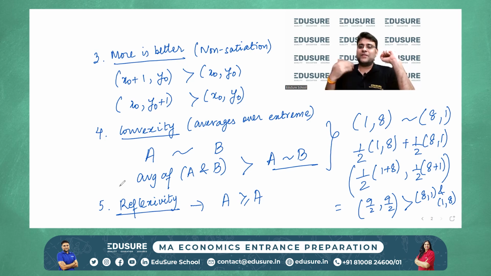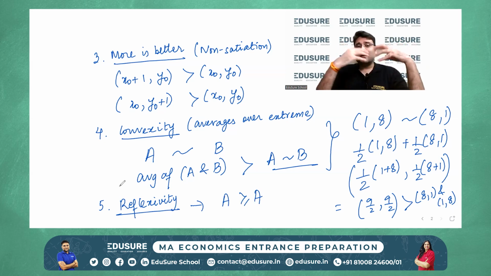No bundle can be inferior to itself. It is a very, very obvious property, but it is something that enables us to look at a utility function, to give it a number. So these are the basic properties that an economist thought in their head for the preference of the consumer.